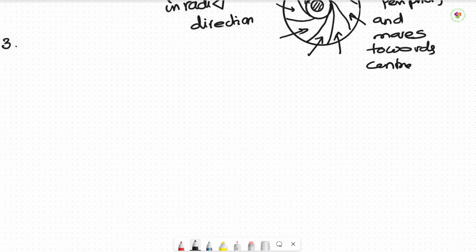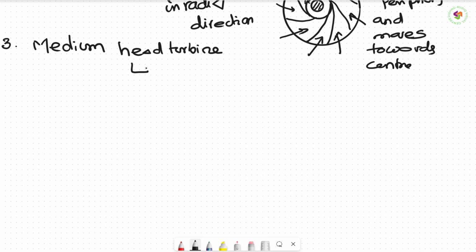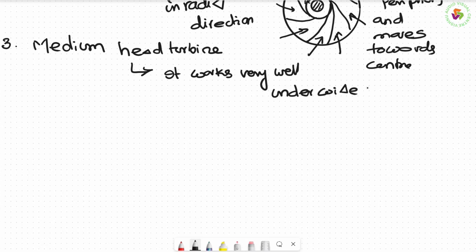That is the second characteristic. The third characteristic of the Francis turbine is that it is a medium head turbine. That means it works very well under wide varying conditions of head.